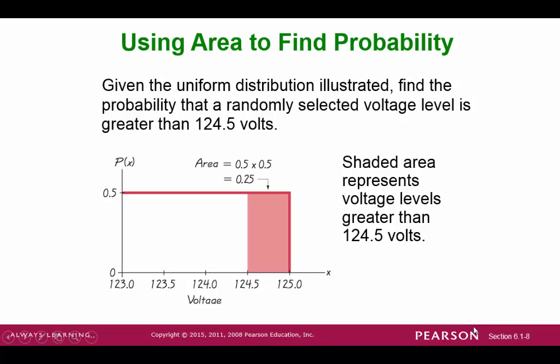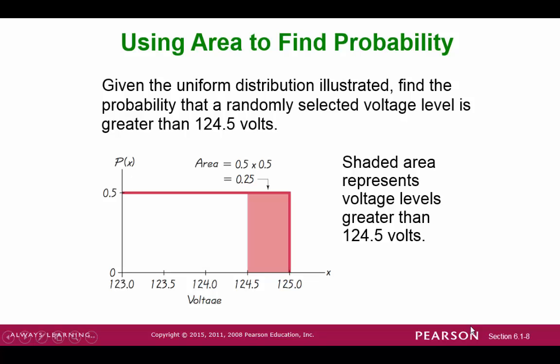Here's an example of a uniform distribution. Suppose that the probability that a randomly selected voltage level is greater than 124.5 volts. So let's say the probability is uniform over a period of 123 volts to 125 volts.